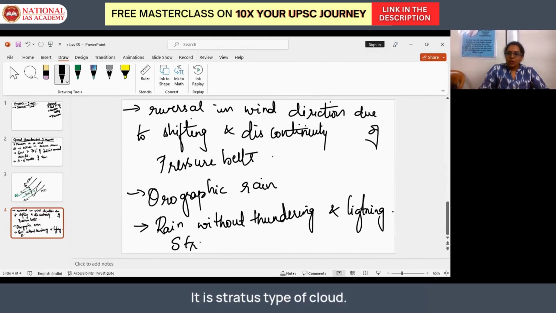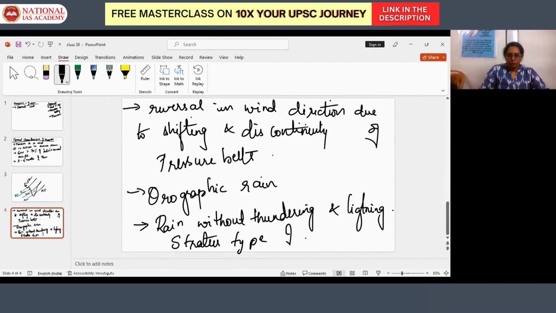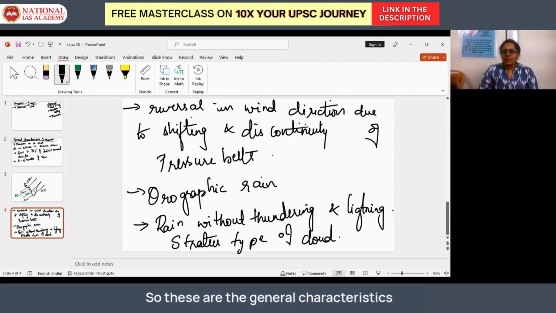It is stratus type of cloud. So these are the general characteristics of your monsoon rainfall. Okay, so monsoon rainfall is something like this.